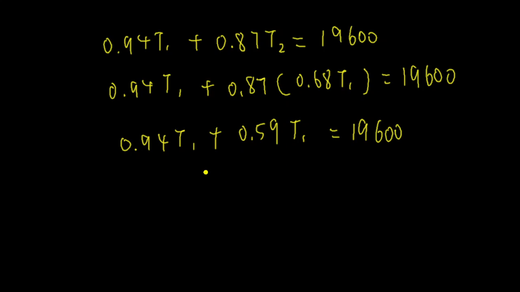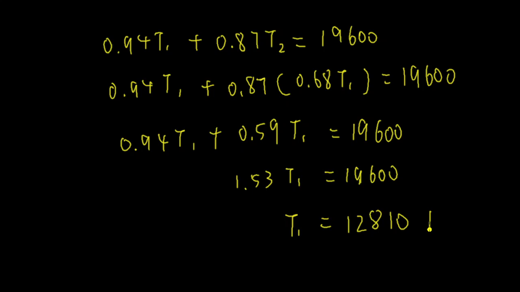They're like terms. 0.94 plus 0.59 is 1.53 T1 is equal to 19600. Then what is T1? Take 19600 divided by 1.53. It's about 12,810, right? Just round it up to a whole number. Okay, the unit is Newton.